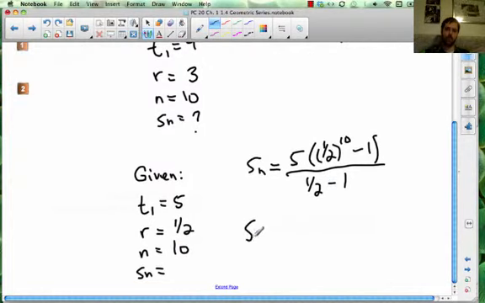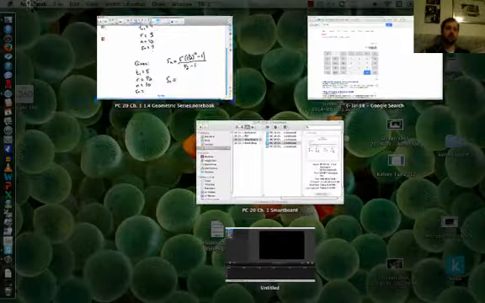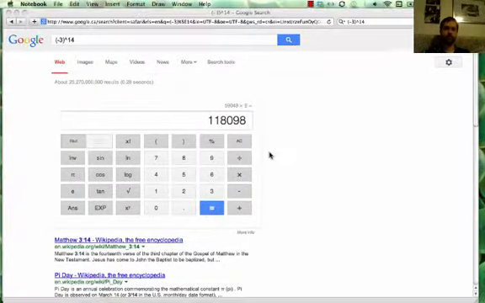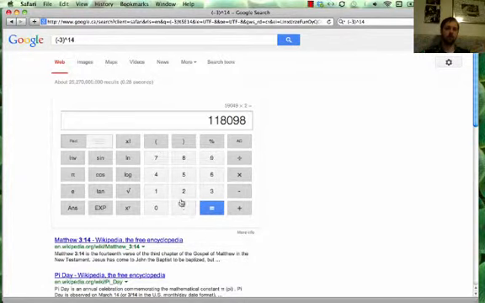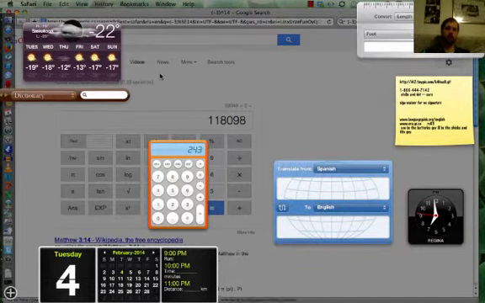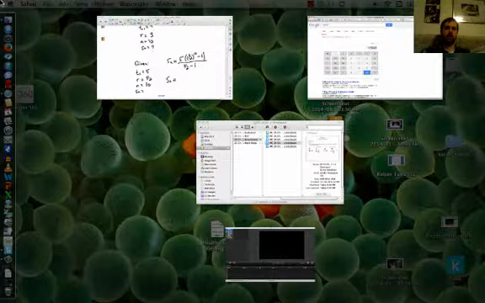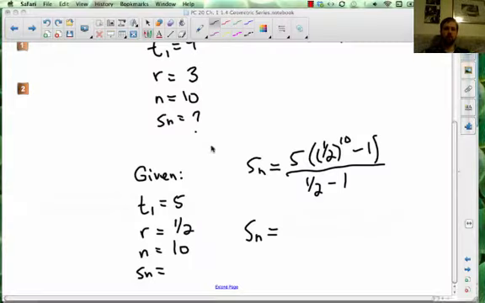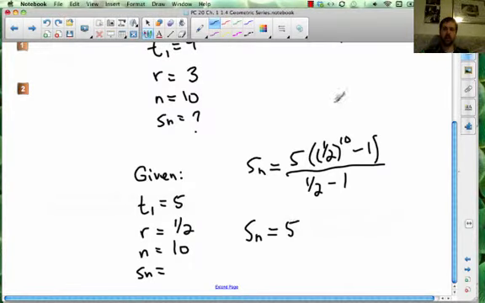Okay? S sub n, so 1/2 to the 10th. I'm not going to do it in Google here, actually. We can figure this one out just on our own and leave it in fractional form. So 2 to the power of 10 is what the denominator will be.